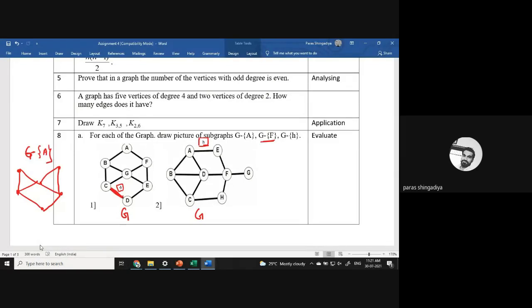So is there any confusion to anyone in this question? Okay, so all of you have done it. If you have any doubt, please ask. We'll discuss the answer here.